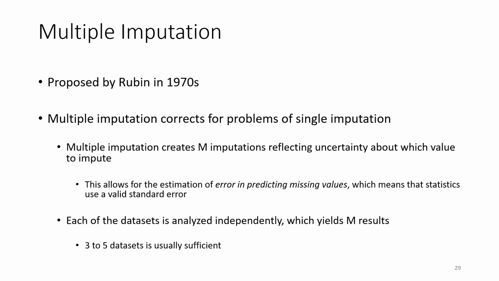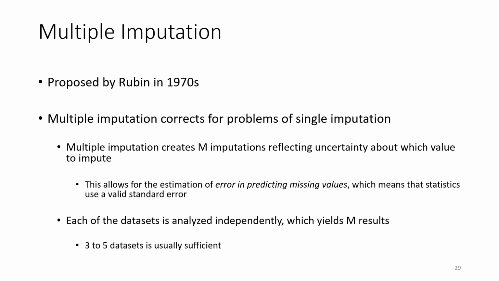Across data sets, we can estimate the error in predicting missing data values. That is, we can get an estimate of the error in our prediction because we have different values that we've imputed. If there is less error, it's likely to occur because we had a better sense of what that value should be.